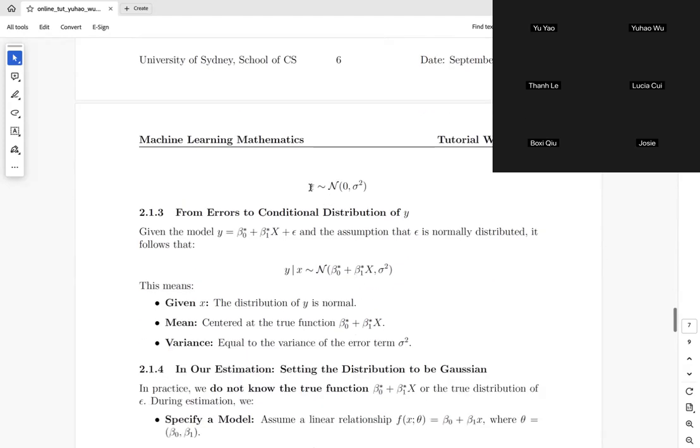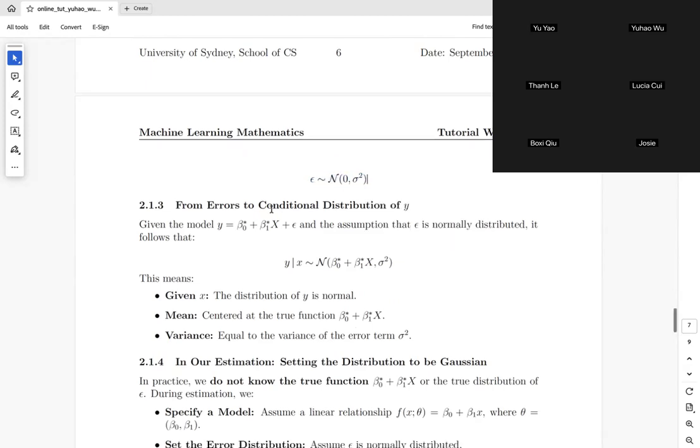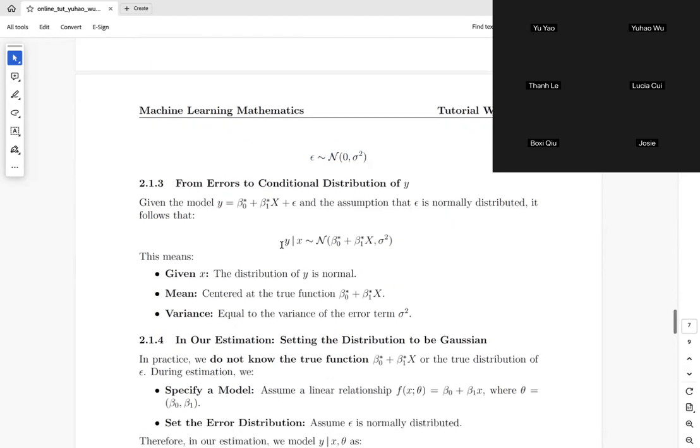Since we assume the epsilon belongs to a normal distribution, we think this error is from a normal distribution, and we think the y is also from a normal distribution based on a different mean. And this mean is the optimal parameters with x.